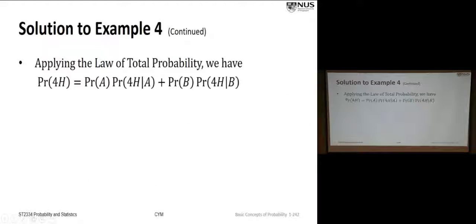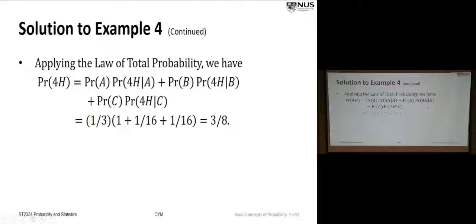So the probability of getting 4 heads is equal to 3x. It's not that small a chance, because you have a 1/3 chance to get a coin that will surely give you 4 heads. If you select the other 2, the chance of getting 4 heads is very small. So as a whole, the chance of getting 4 heads will be 3x.